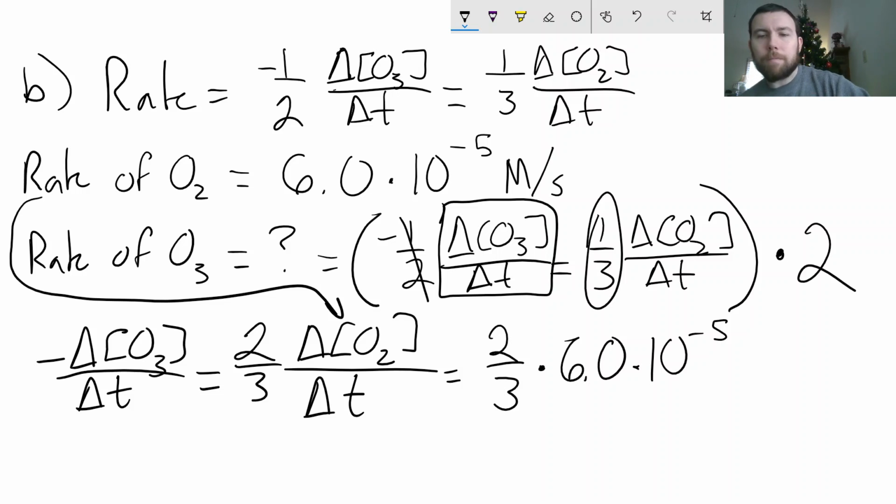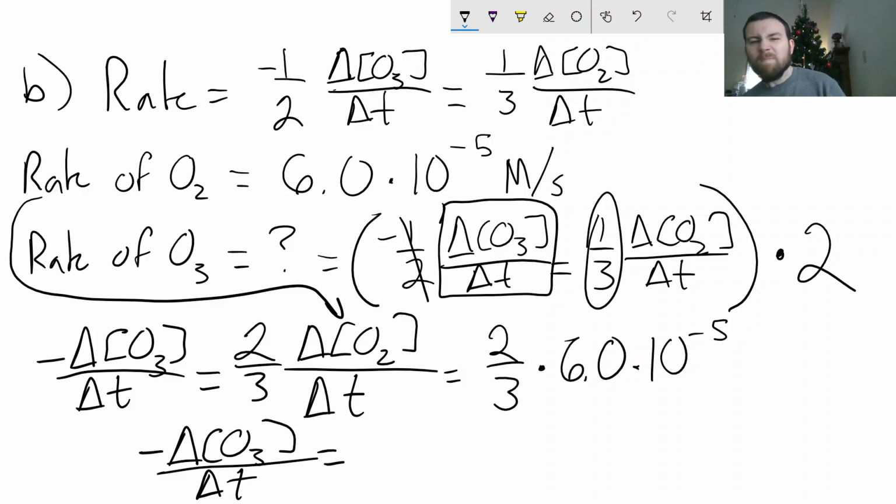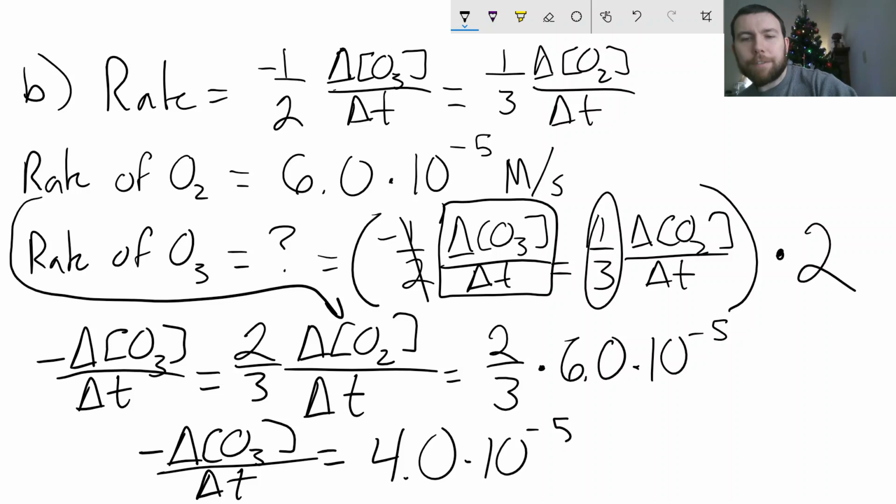And so then 2/3 of 6, we can ignore the 10 to the negative 5th for now, 2/3 of 6 is 4. So that means that the rate of O3, so the negative change in concentration of ozone with respect to time, is going to be equal to 4.0 times 10 to the negative 5th molar per second.